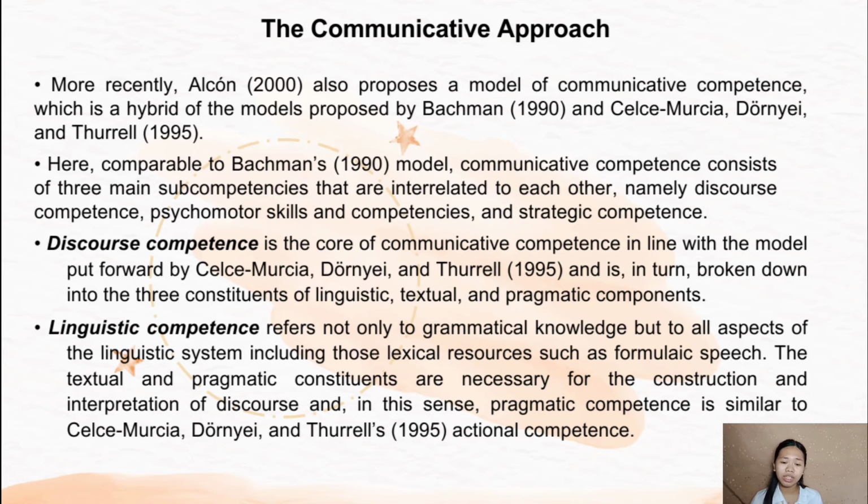When we talk about discourse competence in here, it's the core of the communicative competence, in line with the model put forward by Celce-Murcia, Dörnyei, and Thurrell in 1995. And it is in turn broken down into the three constituent components of linguistic, textual, and pragmatic competence.